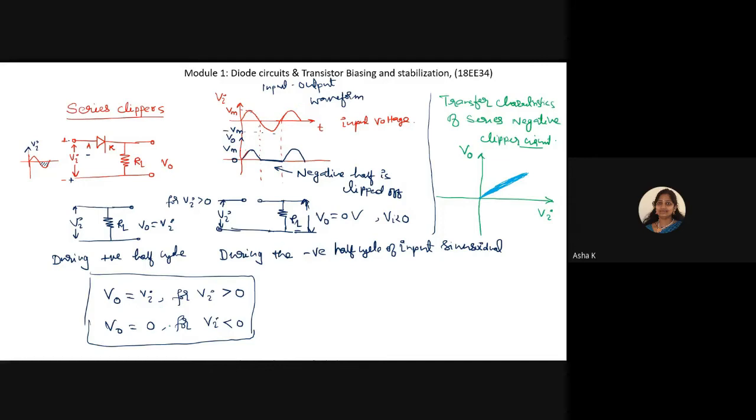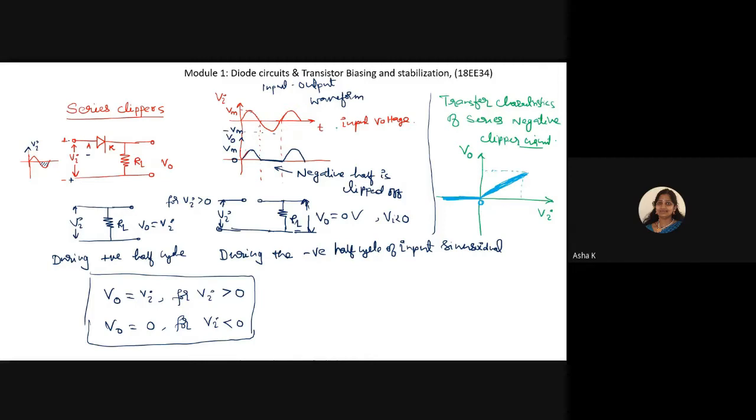And what happens next when V input is less than 0? When it is less than 0, meaning all this portion, what is the V output? V output is equal to 0. So this is the VI, the transfer characteristics curve of the series clipper circuit.